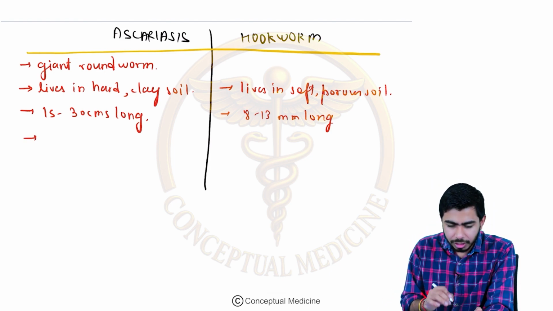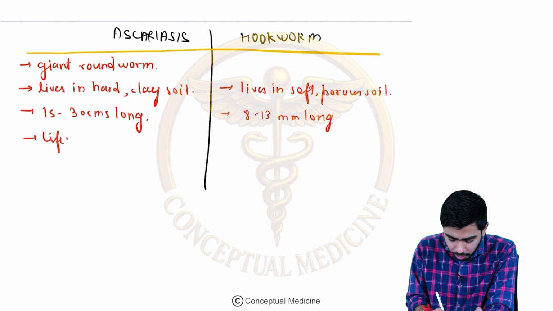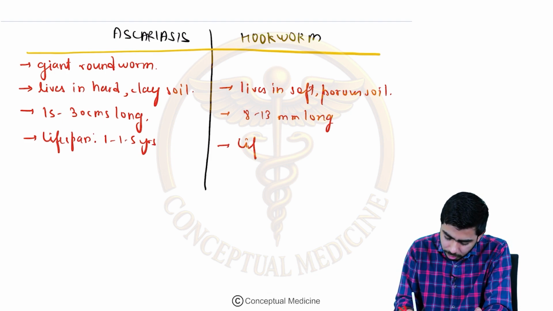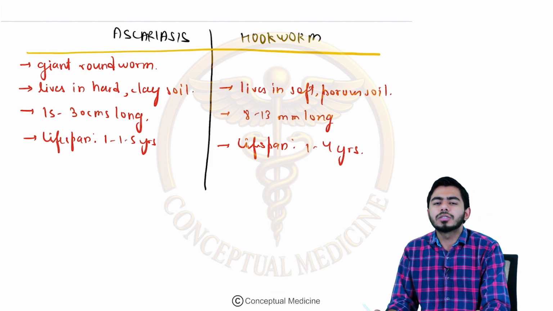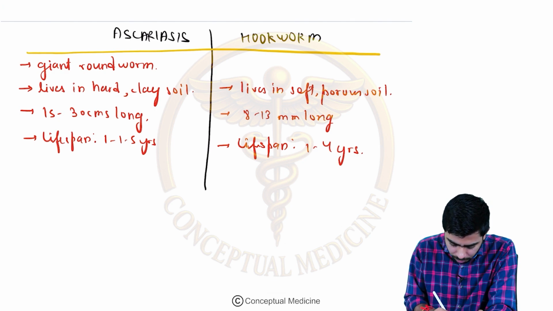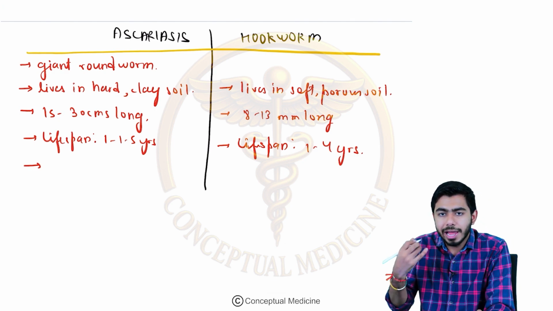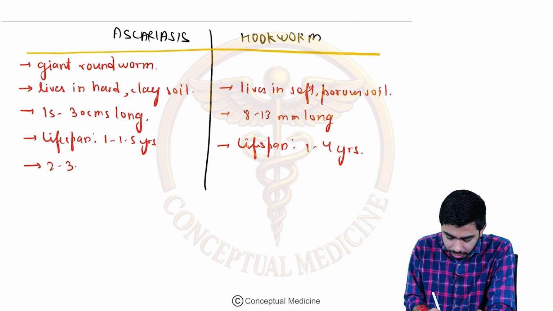If we talk about the lifespan of the ascaris, we have already talked about that, it is around 1 to 1.5 years, and lifespan of hookworm is around 1 to 4 years. So it is longer as compared to the ascaris. If we talk about the egg laying capacity, that is very high in ascariasis.